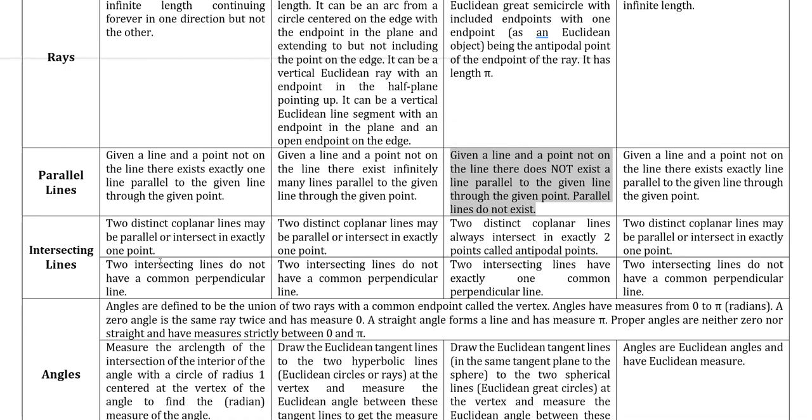How about some things about intersecting lines? Two distinct coplanar lines may either be parallel or intersect at exactly one point. That's going to be true in Euclidean and taxicab geometry, and guess what, in hyperbolic geometry as well. But in spherical geometry, two distinct coplanar lines always intersect in exactly two points called antipodal points.